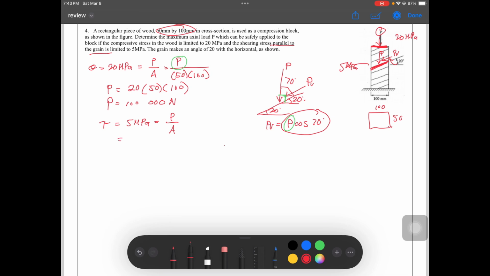So, let's substitute. 5 is equal to P, which is cosine 70 over our shearing area. So, saan ang shearing area natin? Since ang plane natin is naka-inclined na, hindi na 100 yung ating length ng area. Hindi na ito. Ang kailangan natin na length is yung inclined length na.